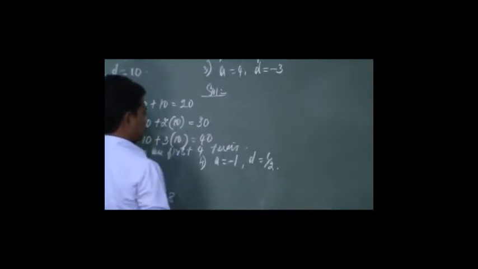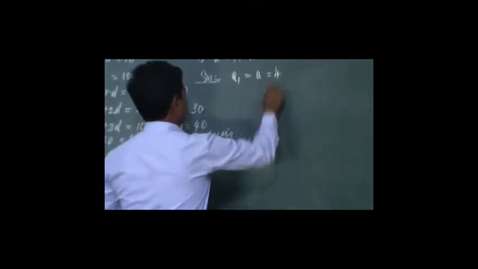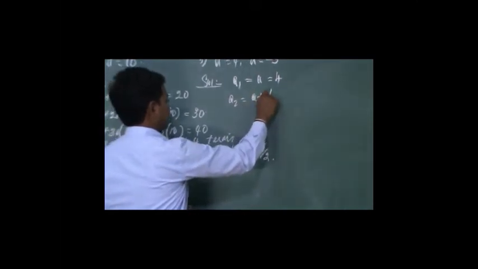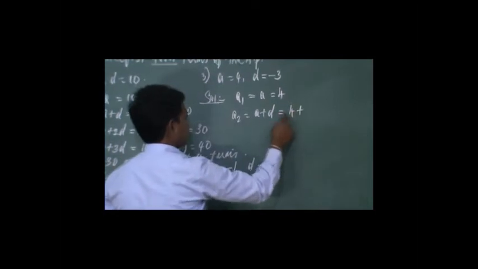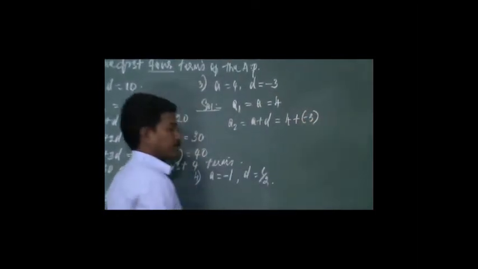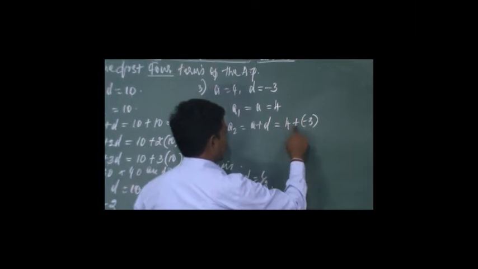So a1 is a, that is equal to 4, this is the first term. a2 is a plus d, that is a stands for 4 plus d stands for -3. So please keep it inside brackets. If you get a negative sign, please keep it inside brackets. Plus into minus is minus. 4 minus 3 becomes 1.